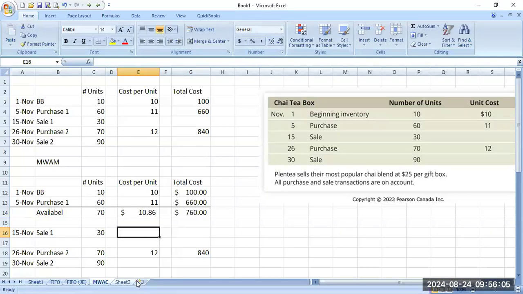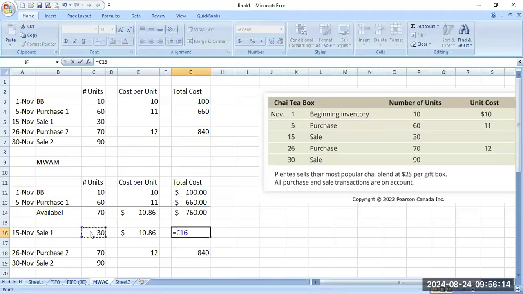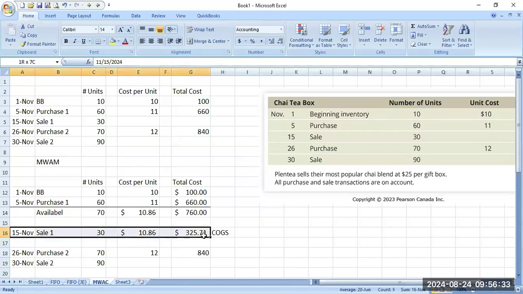Well, yes, I do. That will be exactly this amount. And once I get those two, 30 times my weighted average cost, my first cost of goods sold is $325.71. Now, how many do I have available after my first sale?